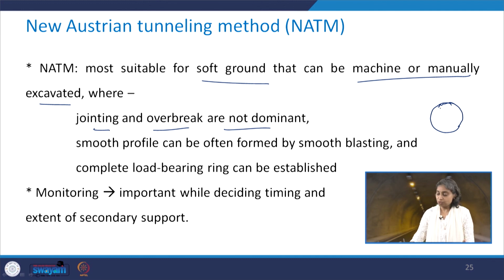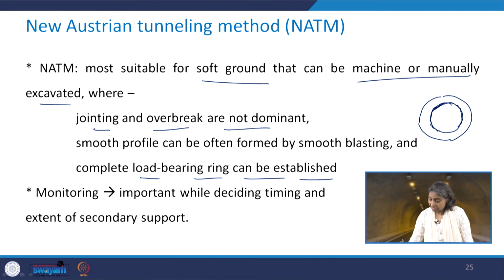More or less a smooth profile should be there like this. When you apply the shotcrete layer, let us say here in this manner, then a complete load bearing ring can be established.